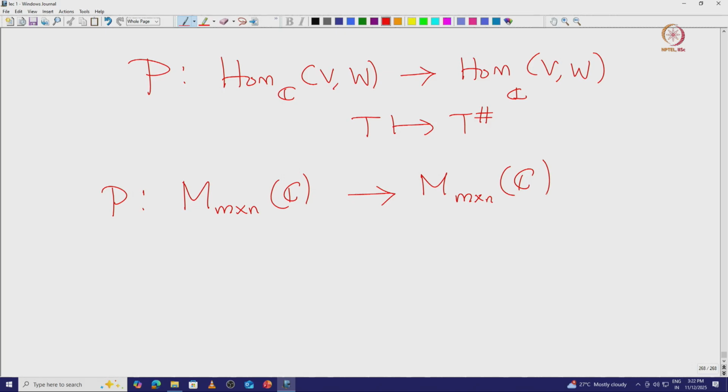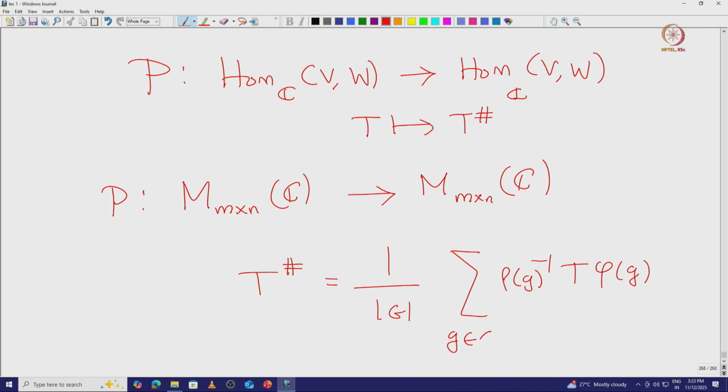So, now recall how we defined T hashtag. T hashtag was given by 1 divided by the cardinality of G, summation of ρ(g inverse) T φ(g), g in G. In this we can see that T hashtag is actually a sum of some other functions.